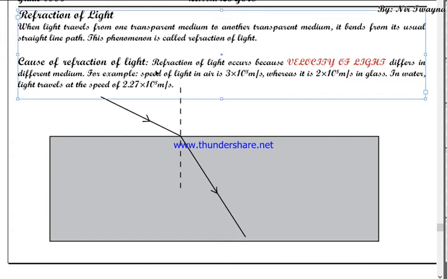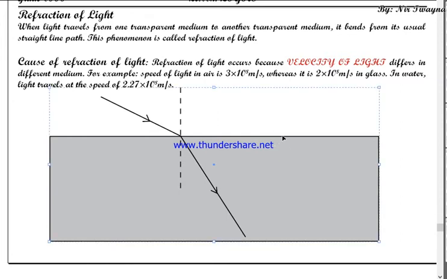Okay, while studying these causes of refraction, we said that in some medium light has more velocity, in some medium light has less velocity. So when comparing two medium, when you compare velocity of light in two medium, then the medium in which light has more velocity or higher velocity is known as rarer medium.